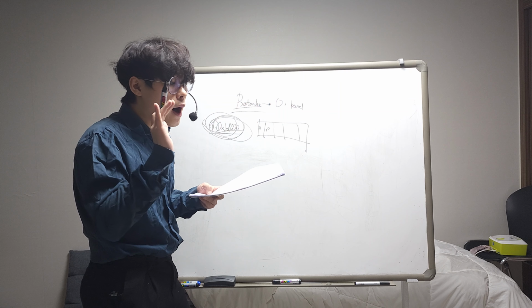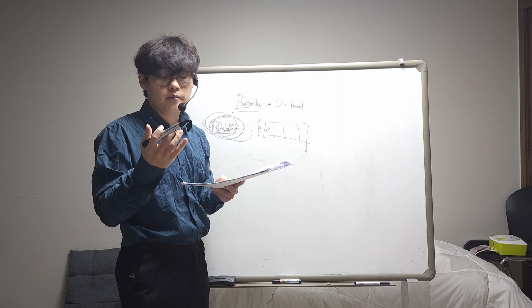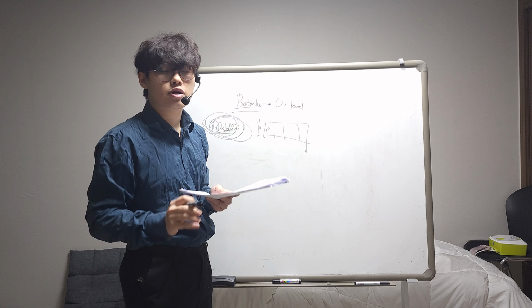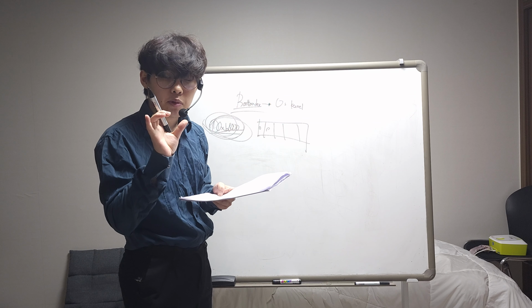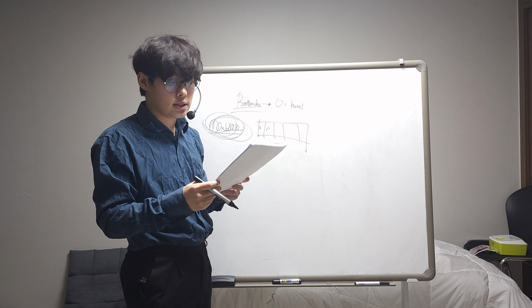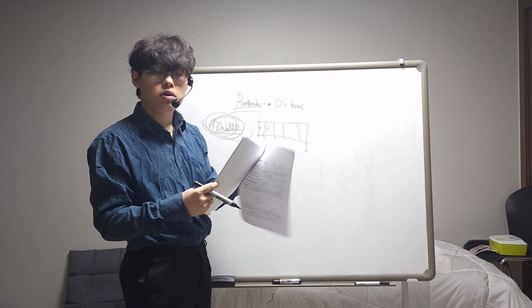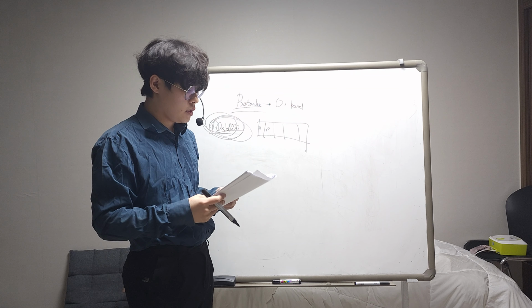Computers can understand bits, 0 and 1, but they can't understand an emoji. So we have to transform emoji, and not only emoji but other things too, into bits, and that's called Unicode.